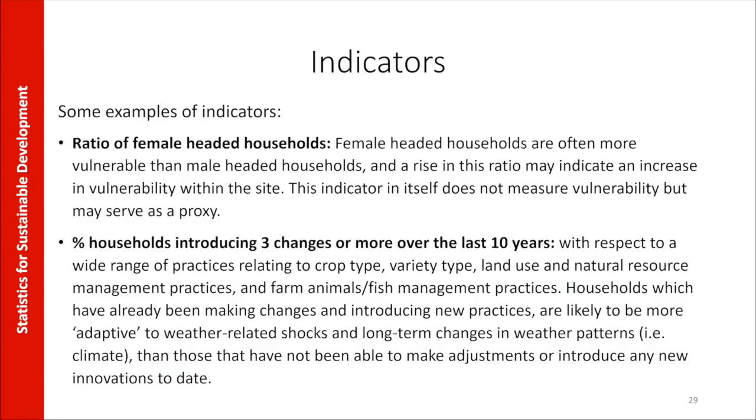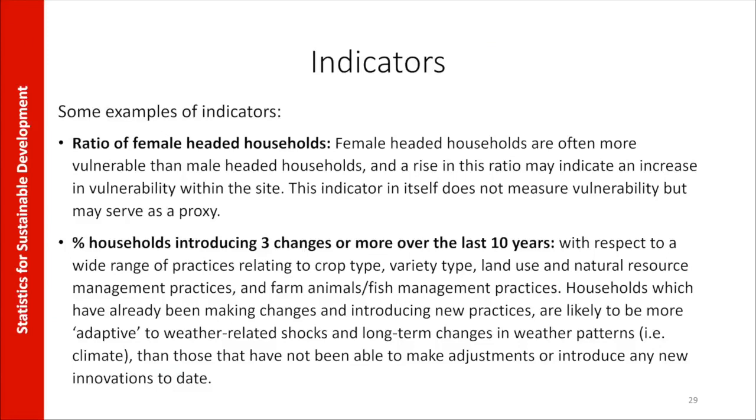So the project is large, huge. It is very ambitious and has a long list of indicators. Here I'm going to just go through a few of them to have a flavor of what this was all about. Some examples of indicators. One is the ratio of female-headed households.